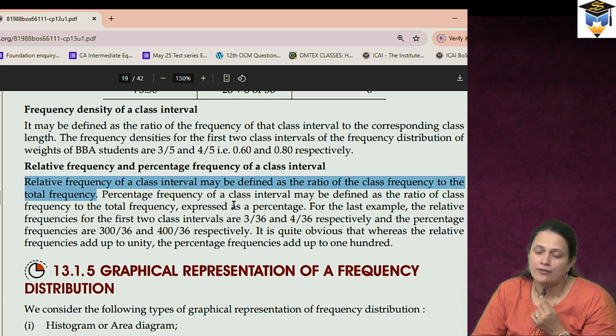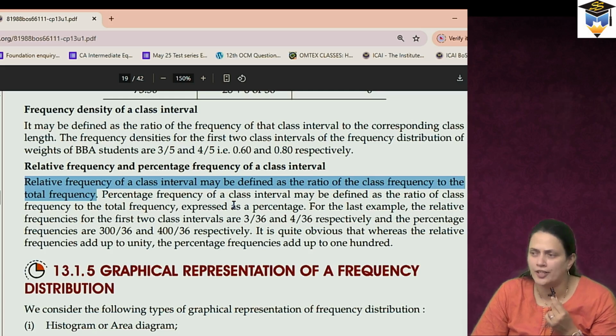Finished writing? Then when we represent it in terms of percentage, you will multiply by 100. If you have to find out the percentage of relative frequency, then you will multiply it by 100.